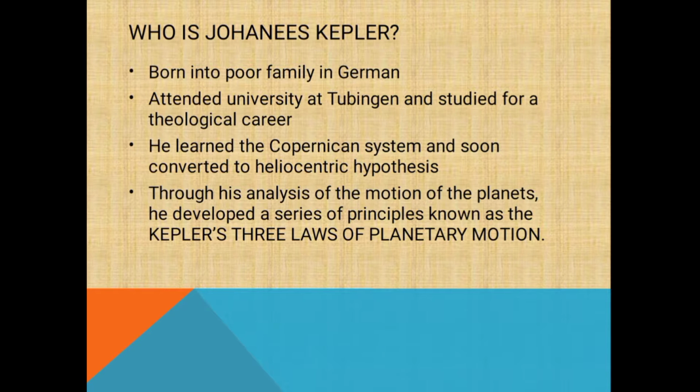First, all planets move about the Sun in elliptical orbits, having the Sun as one of the foci. Second, a radius vector joining any planet to the Sun sweeps out equal areas in equal lengths of time. And the last but not least, the squares of the sidereal periods of revolution of the planets are directly proportional to the cubes of their mean distances from the Sun.